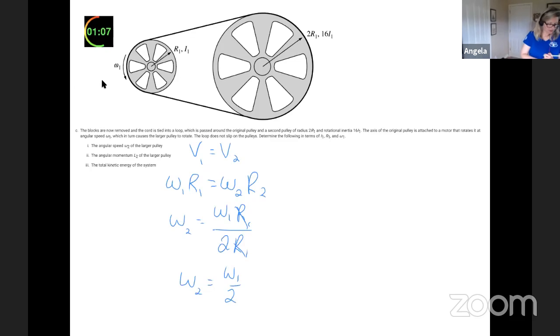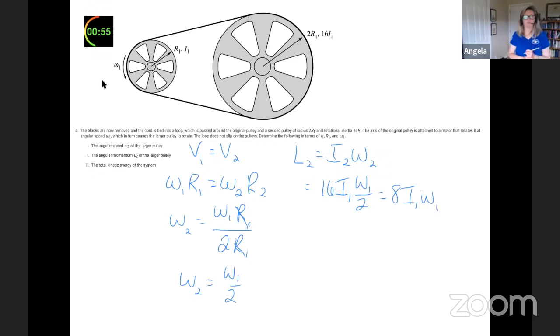The angular momentum of the larger pulley would be I2 omega 2. So that would be 16 I1 times omega 1 over 2, which is 8 I1 omega 1. And then we need the total kinetic energy of the system.